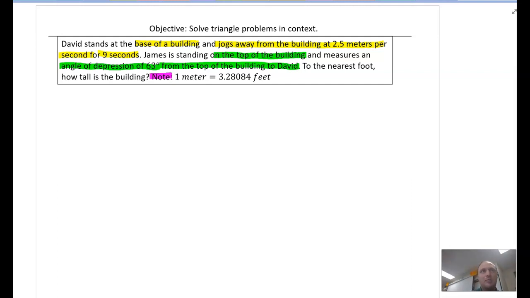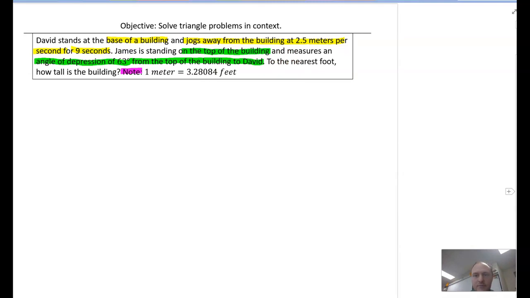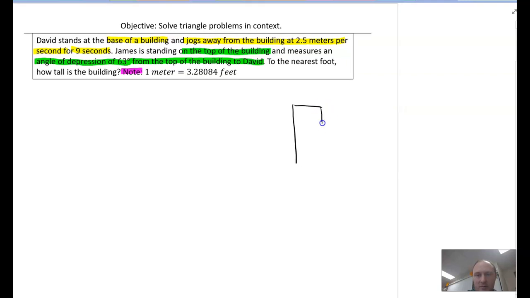Okay, so step one, I need to make an image. Here is my building. Isn't it beautiful? James is on top, and he's measuring an angle of depression to David.